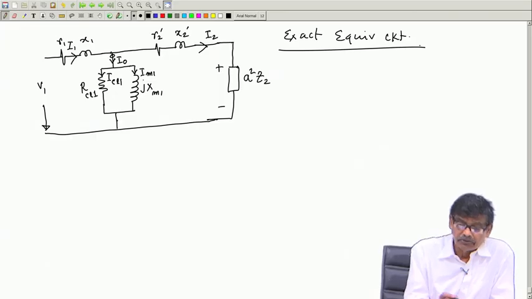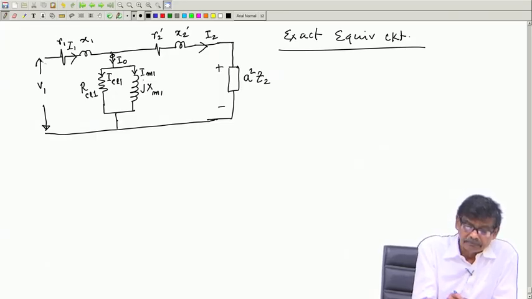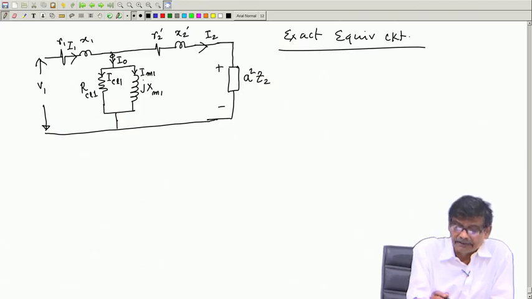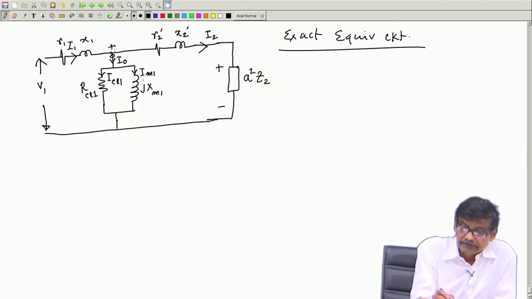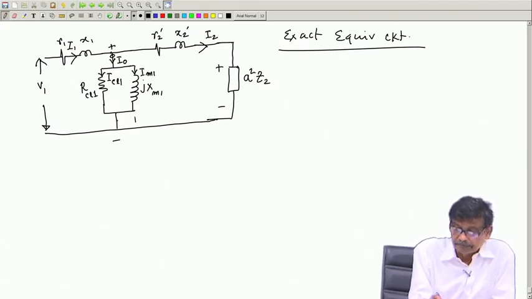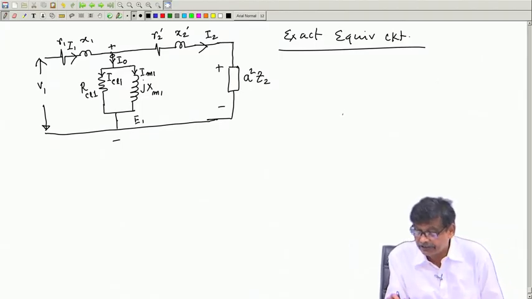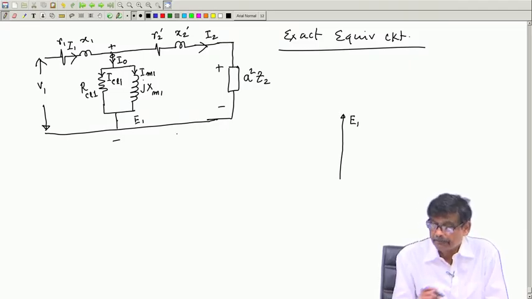Let us see how to draw the phasor diagram, which we will not be doing in fact, but let us see. Suppose this voltage is E1. You start with this voltage to draw the phasor diagram. This is E1. Refer to the primary side.